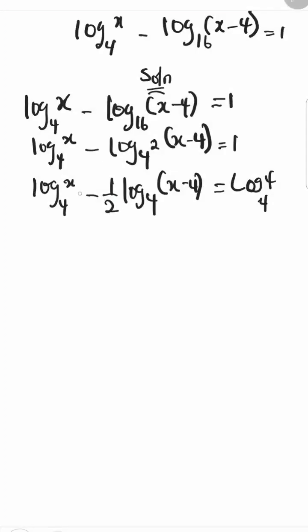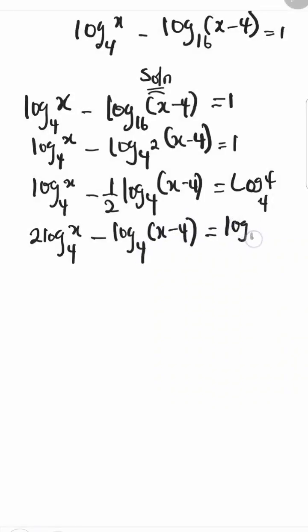Well, we can multiply all through by 2 so that we have 2 log base 4 of x minus 2 times 1 over 2, that is 1. So we have log base 4 of (x minus 4) is equal to log base 4 of 4. So let's take this to this side and then take this other one to this other side.